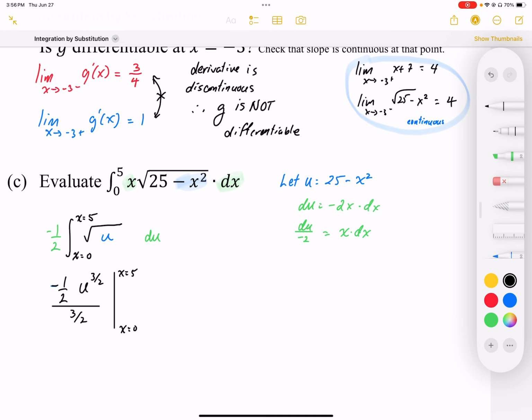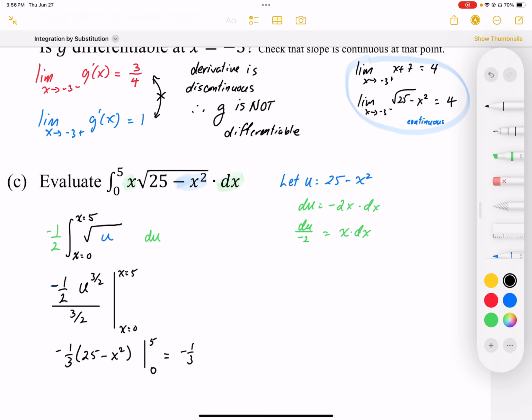The 2's are going to cancel out, so I'm going to end up with, looks like negative 1/3. My u is going to be replaced by 25 minus x squared. And this is going to be evaluated from 0 to 5. I don't need the x equals anymore because now my variables are in terms of x. And then I'm going to work this out.